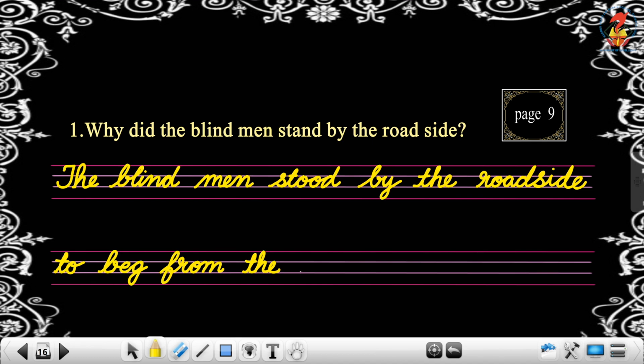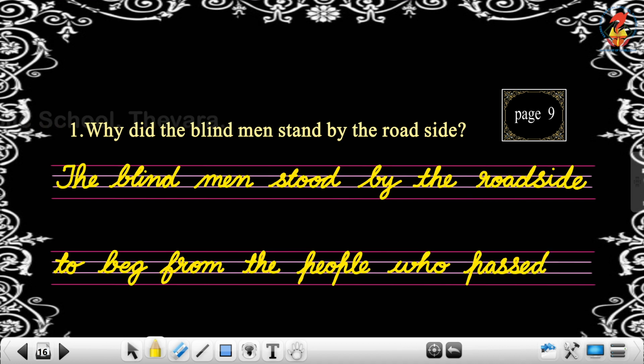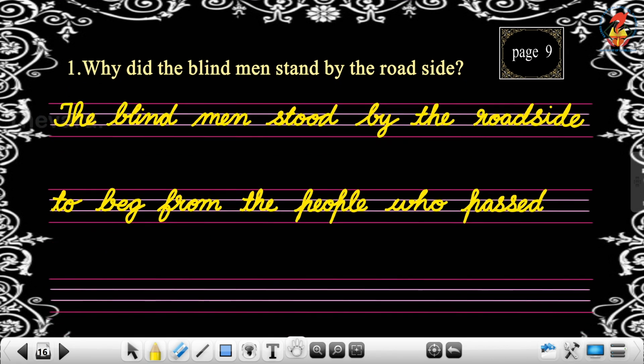T-H-E, the people, P-E-O-P-L-E, people who passed by them, who, W-H-O, who, passed, P-A-S-S-E-D, passed, by them, B-Y, by, T-H-E-M, them.